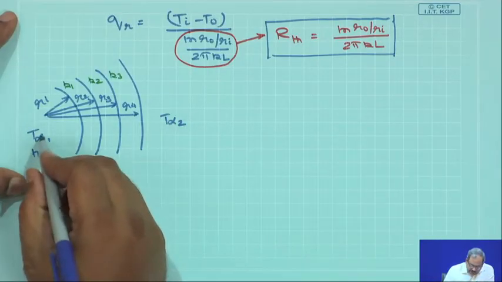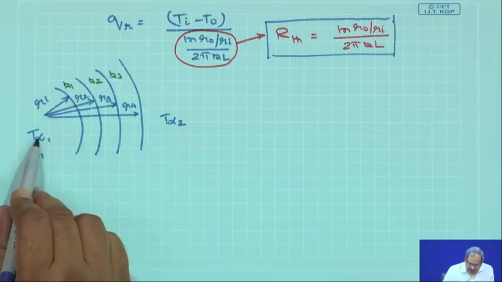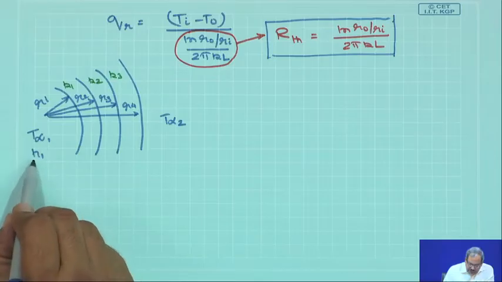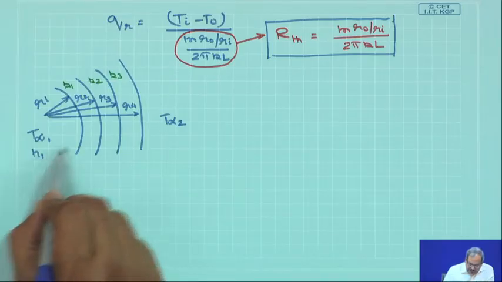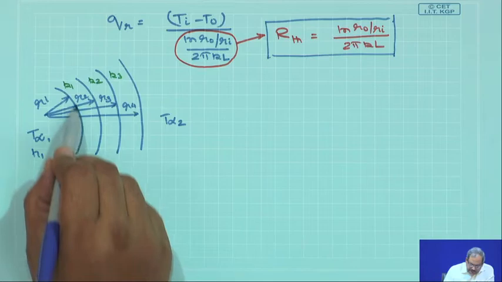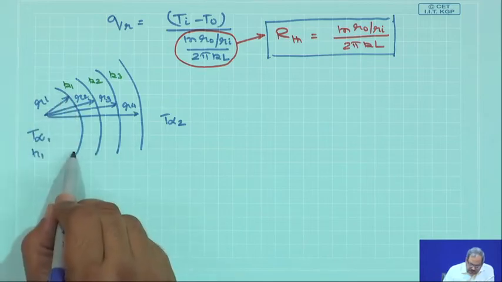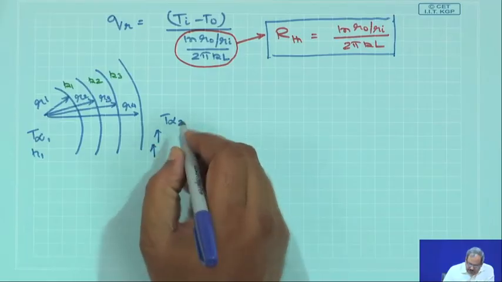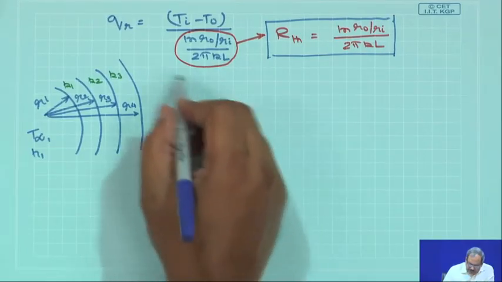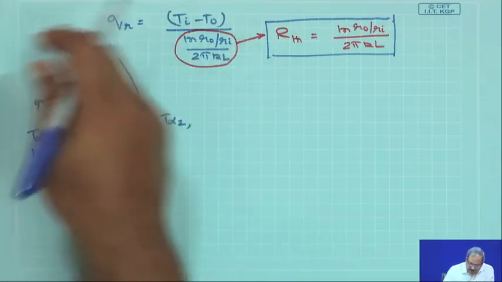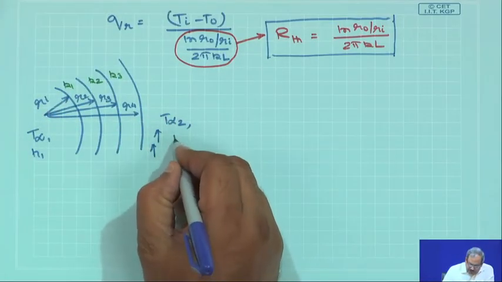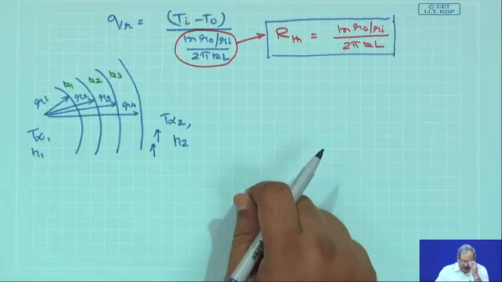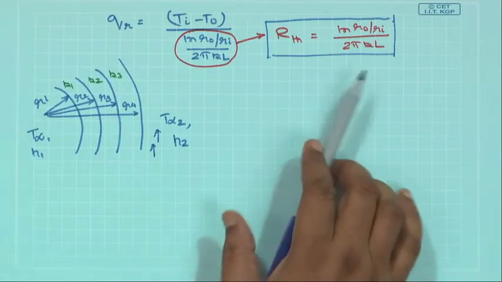The inside condition is given as the temperature of the fluid in here is T infinity 1, which creates a convection coefficient of h1 at the inner surface of the composite wall. On the other side, you have T infinity 2 as the temperature of the fluid flowing on the outside, which also produces a convective heat transfer coefficient of h2.